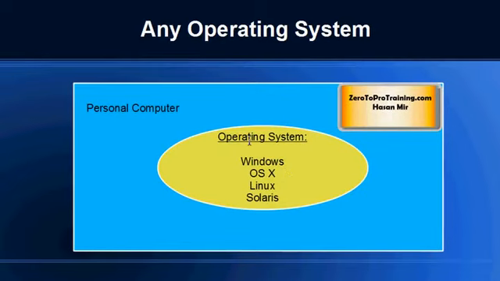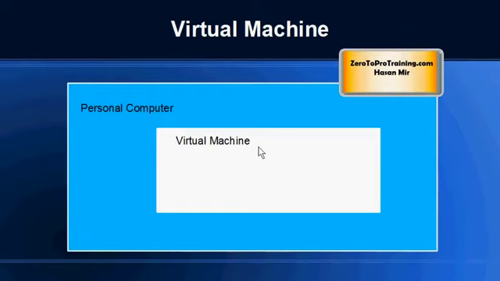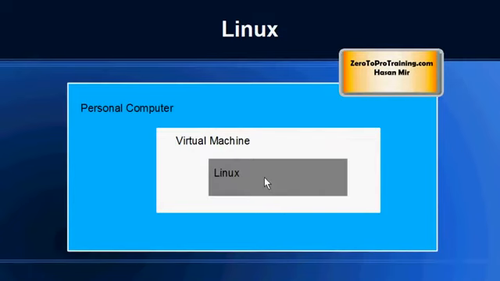The approach we are going to take will let you install Hadoop tools on any operating systems, Windows, OS X, Linux, or even Solaris. First, we will install a virtual machine software on our personal computer. It could be a laptop or even desktop. Once virtual machine software is installed, we are going to then import a virtual machine in which Linux operating system would be running.